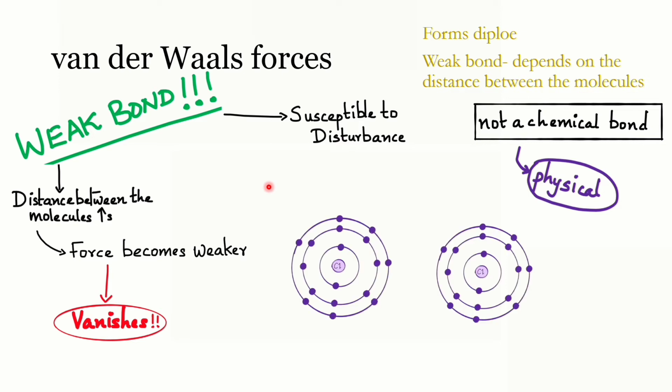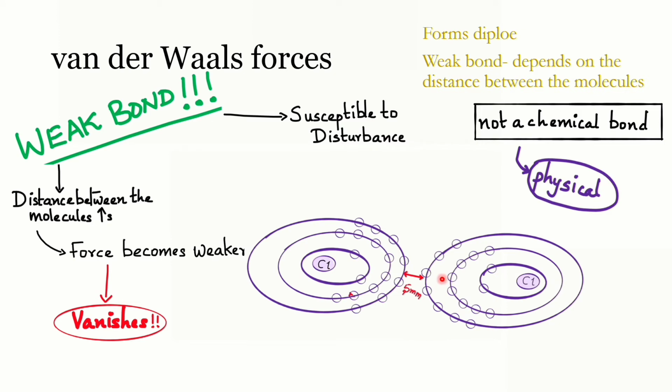So I'll talk about these two chlorine molecules. These two molecules have some form of a dipole existing between them. Now, as the distance between these molecules reduces to around 5 mm, they start developing these van der Waals forces and start to get attracted to each other. So this is not what exactly happens, I'm just putting it for pictorial representation.